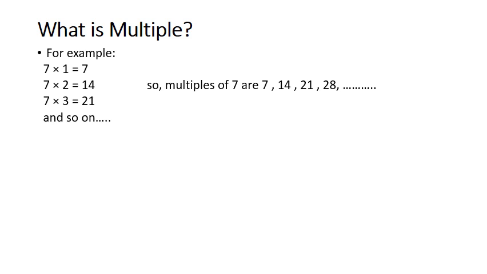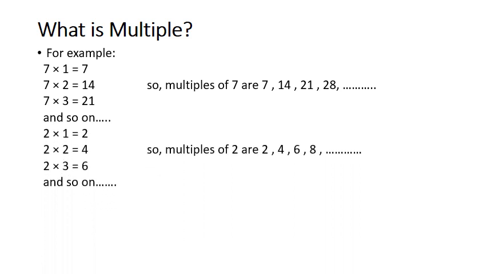Let's understand this more with one more example. Here we are finding multiples of 2. So we will multiply 2 first with 1, then 2 with 2, then 2 with 3. When you multiply 2 with 1, its product is 2. When you multiply 2 with 2, its product is 4.